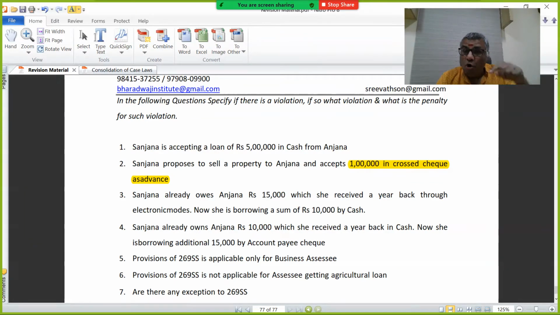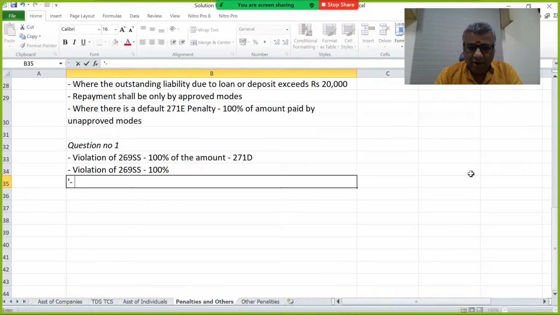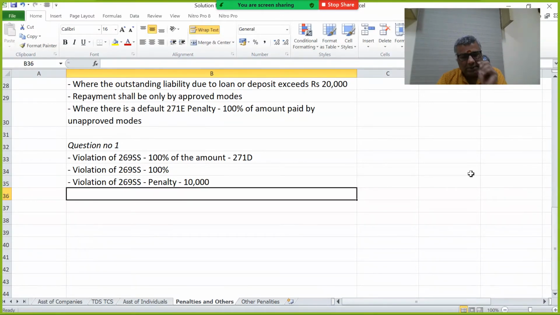Sanjana already owes Anjana 15,000, which she received a year back through electronic mode. I am not bothered. Now she is borrowing rupees 10,000 by cash. Violation of 269SS, penalty 10,000, not the entire 25,000. Because when 15,000 is already due, the maximum you can get in cash is only 5,000.